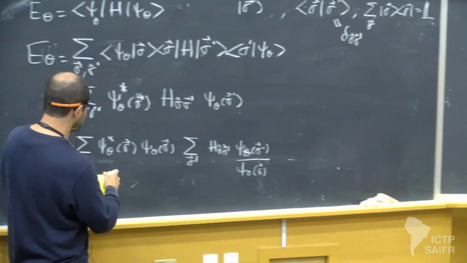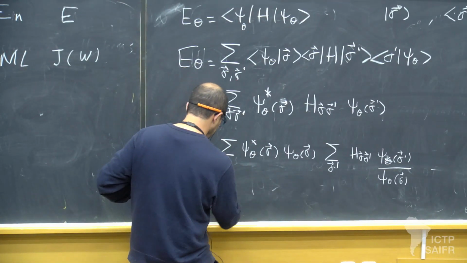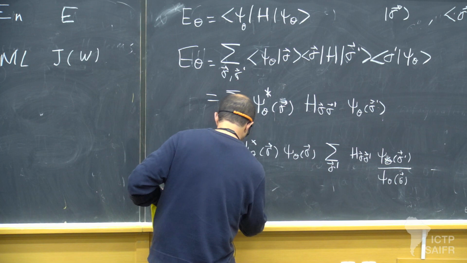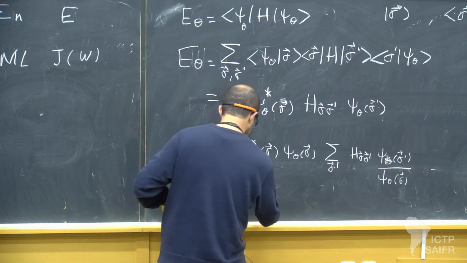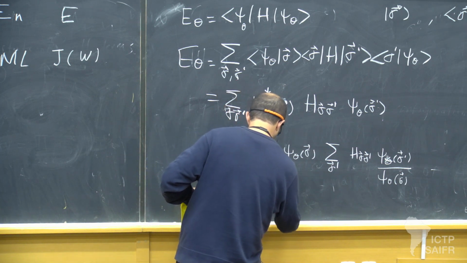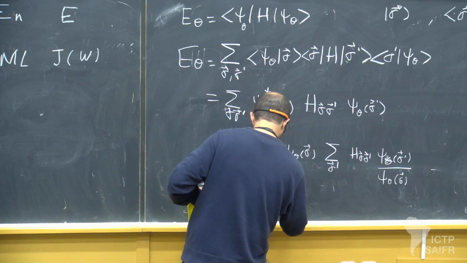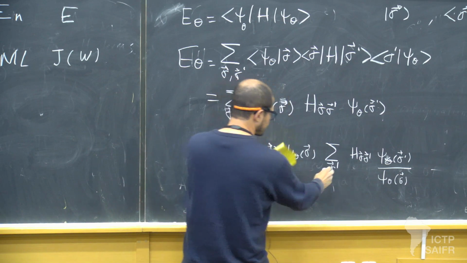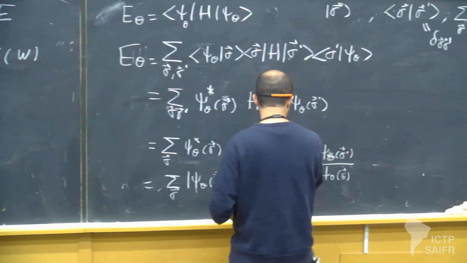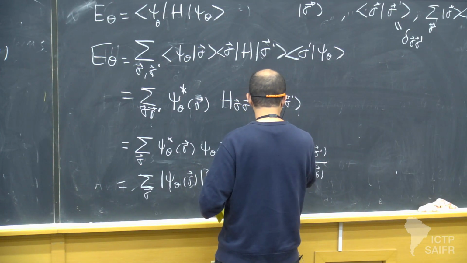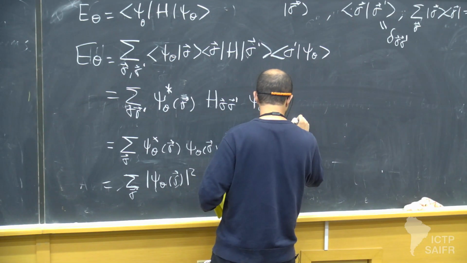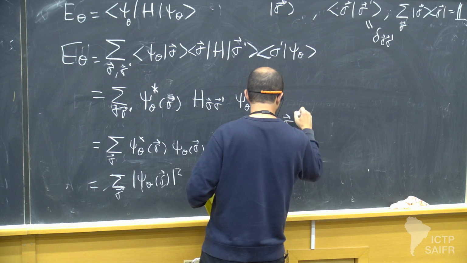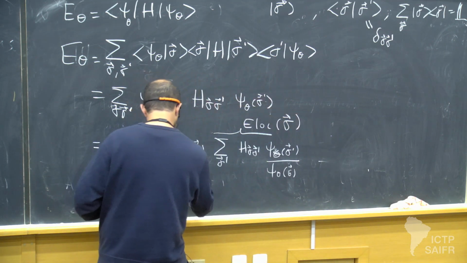So this becomes the amplitude square of the wave function, right? And this I'm going to call the local energy that depends on sigma.